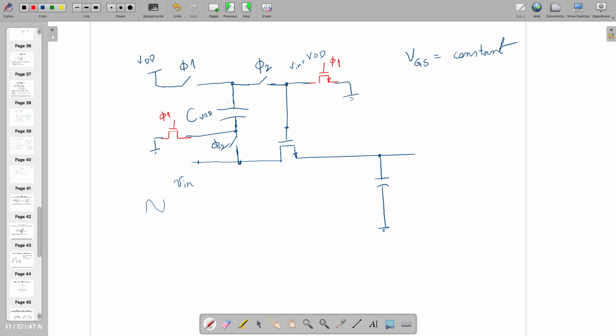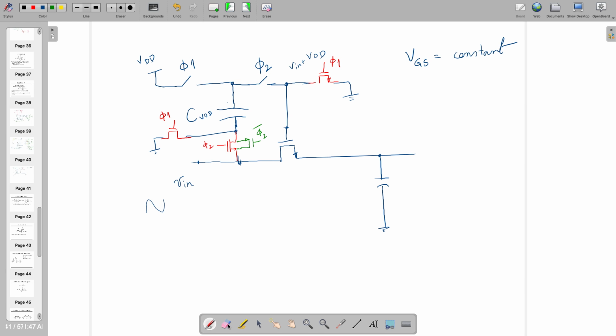What about phi 2? It has to be a transmission gate. Right. Now what about these two?